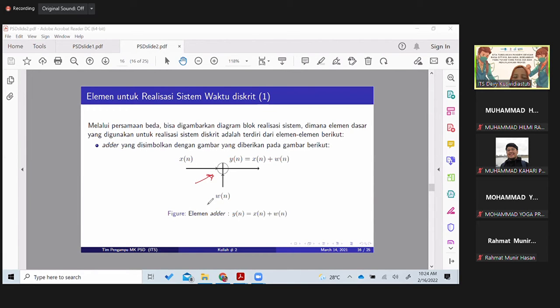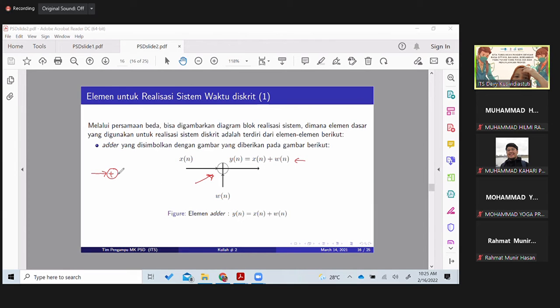An adder is an element for summing two input signals. In this example, we have two input signals which determine the value of y[n], which are x[n] and w[n] here. So y[n] equals x[n] plus w[n]. This expression can be drawn with the symbol of an adder, which is a plus and then a circle.